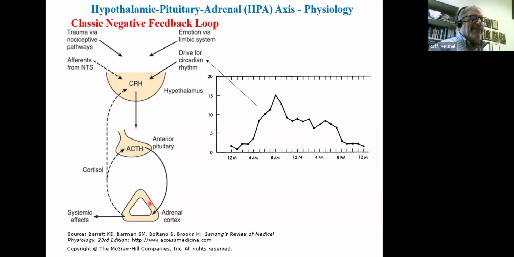When ACTH is high, the adrenal gland hypertrophies, and when ACTH is low, over time, it atrophies. And then the last feature, maybe the most important, is negative feedback, where cortisol limits its own release by inhibiting CRH and ACTH release. Again, this is the classic hypothalamic pituitary target gland negative feedback system.